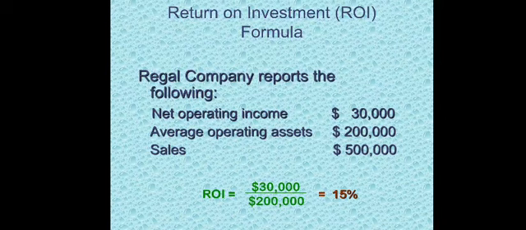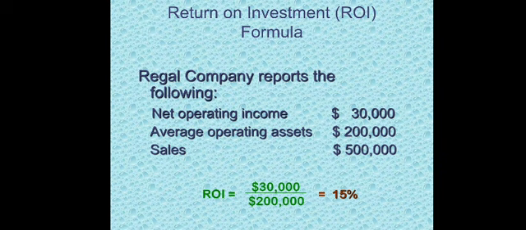Okay, let's see. This is a simple example. Regal company reports the following: net operating income or profit is 30,000, average operating asset is 200,000, and sales 500,000. So how to calculate ROI?